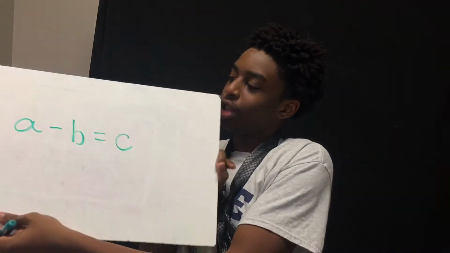This last question says, if A, B, and C are positive prime numbers in the equation A minus B equals C, either B or C must represent which number? I looked at answers A, B, C, and D, and I noticed that you could subtract each of those by 2. A prime number is a number that can only be multiplied by itself, and all of these have to be prime.